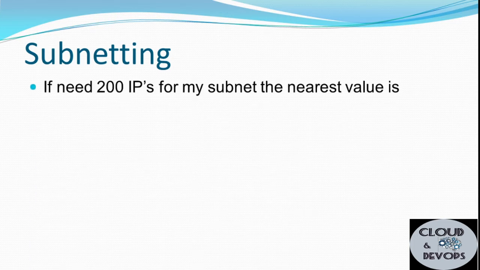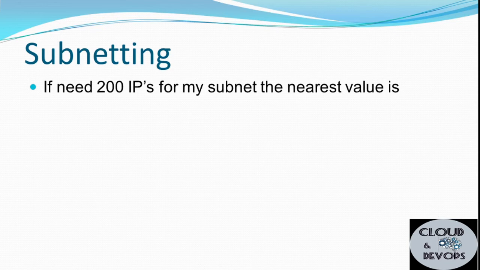So next thing is subnets. Subnet means a smaller part of the network inside our VPC. We have to decide how many subnets we need inside our VPC, and how many IPs we need for every subnet. Imagine I need about 200 IPs for my subnet.